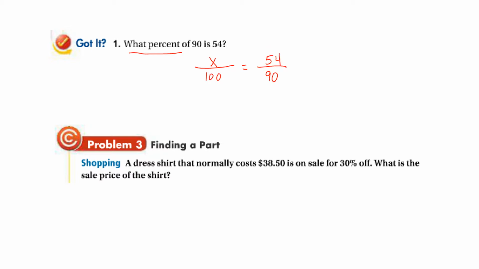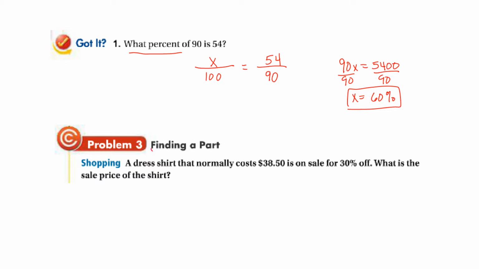So then I'll multiply it. 90 times x is 90x. 54 times 100 is 5400. And 5400 divided by 90 gives me 60. So what percent of 90 is 54? 60%.